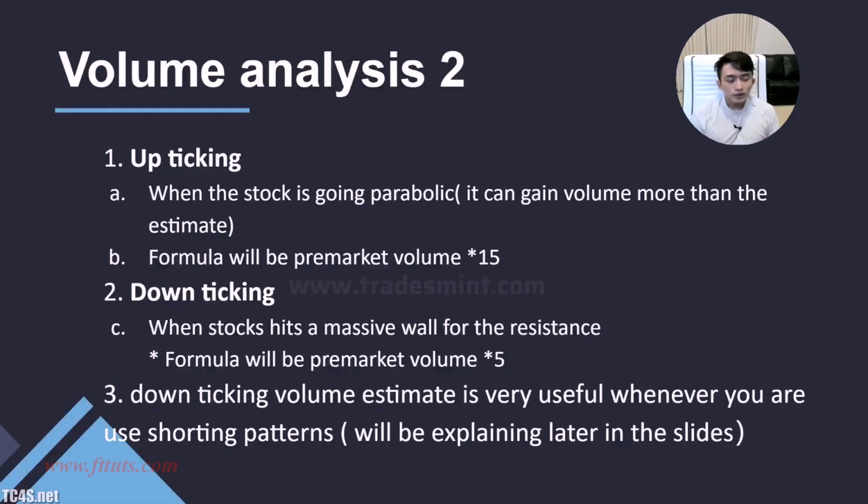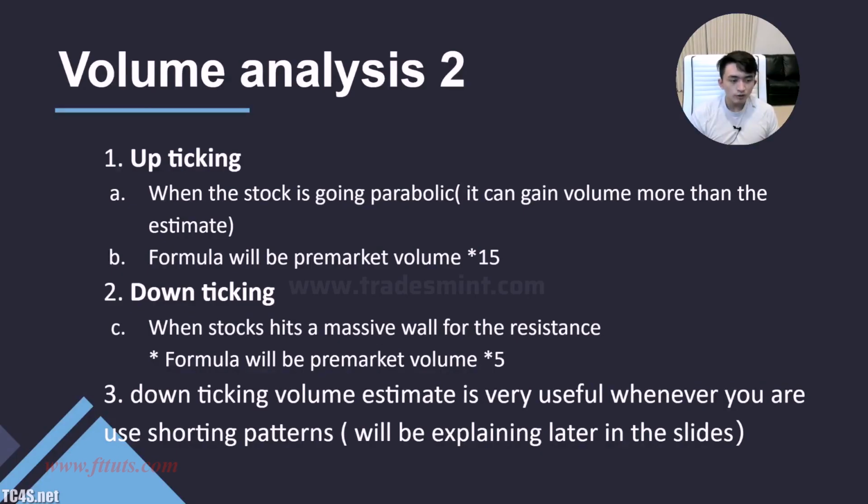Now, one of the other things is that when the stock is downticking, the volume estimate goes down, when the stock has low liquidity or is losing liquidity compared to the average volume estimate. So let's say the ticker traded 10 million volume in the pre-market. The entire day volume estimate is going to be 100 million. But when the stock is downticking or hits a massive wall of resistance, then you're only looking at 50 million.